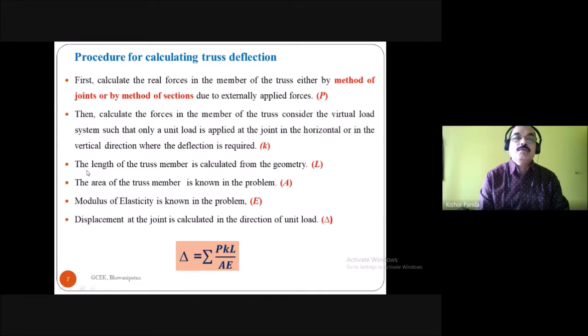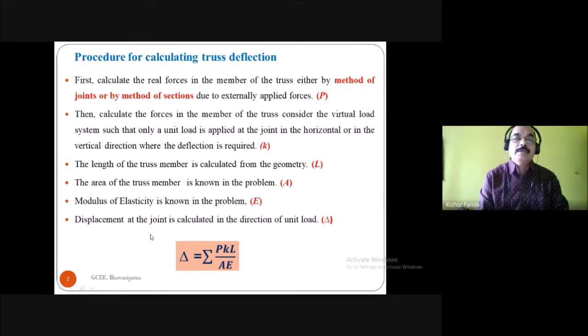Then you know the length of the truss member, which you can find from the geometry. You know the area of the truss member, which is given in the problem, and also the modulus of elasticity, which is also given in the problem.